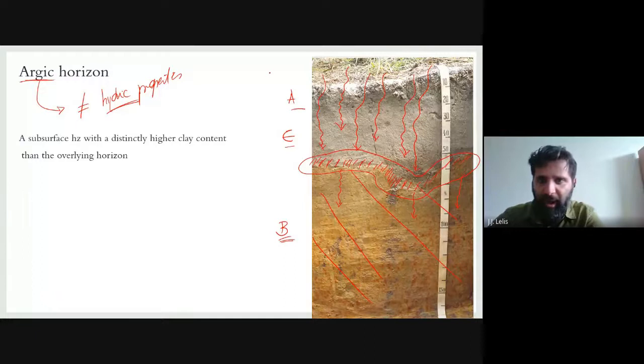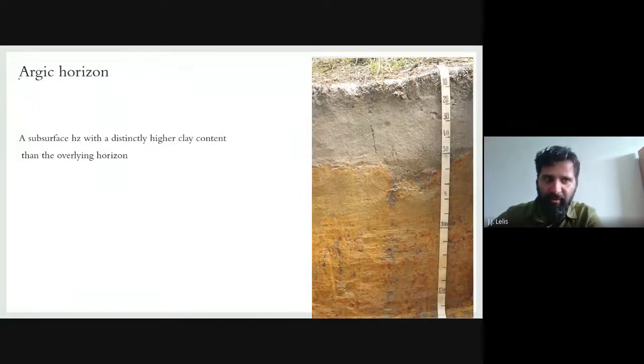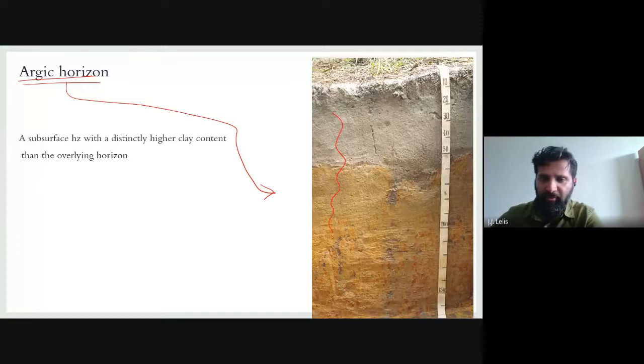We could have a faster penetration and a slower penetration depending on the clay content of these horizons. And the argillic horizon presents differences of hydraulic conductivity, how fast the water could penetrate through the horizons.